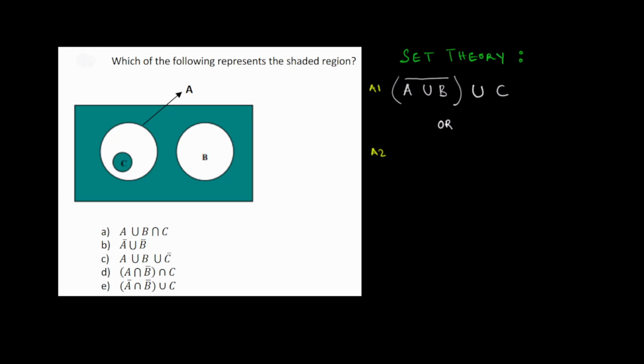So how am I going to do that? We can re-express the complement of A union B in this way. Instead of saying A union B complement, we can rather say A complement intersecting B complement. That's another way of expressing A union B complement.